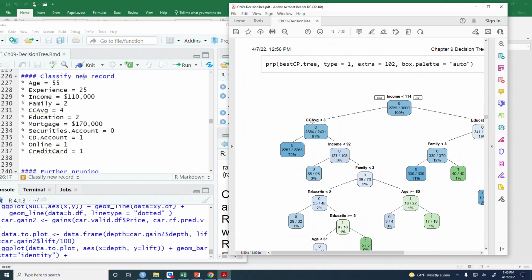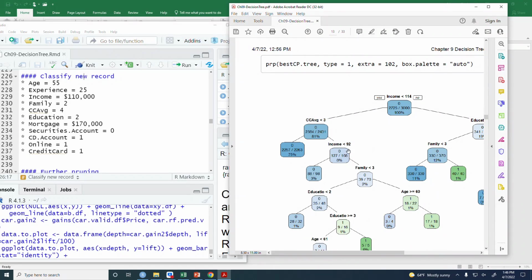The next predictor is CCAVG, and the CCAVG value for the new record is 4. If it is less than 3, you go to the left side. Greater than or equal to 3, you go to the right side. So now you go to the right side. Now we get to income back again, so we are now further dividing income.